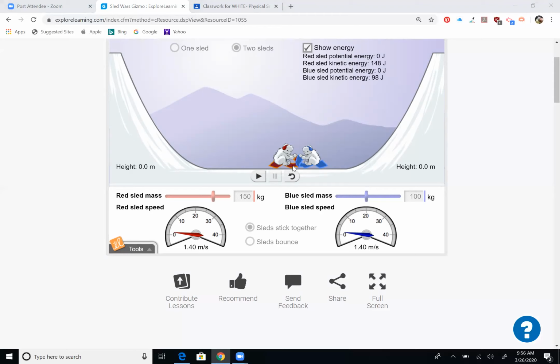So the energy was transformed from the moving energy, and when they crashed, it changed the sled. So the sleds themselves changed. So we're going to write the sled crumpled.